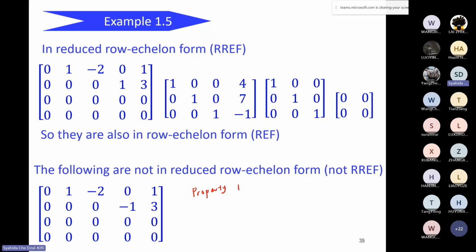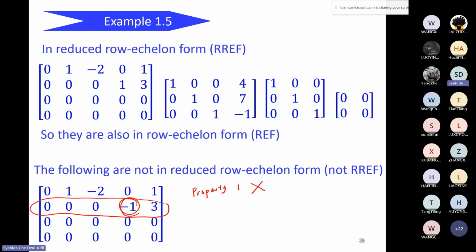Why? The second line, after the zero is minus 1. Yes, in the second row, the first non-zero number must be 1, but this is not 1. So property 1 is not satisfied.